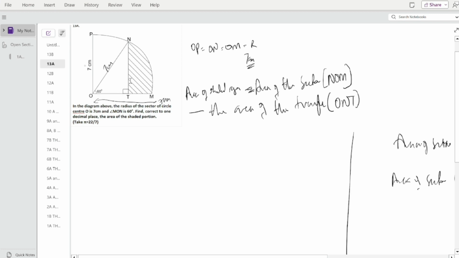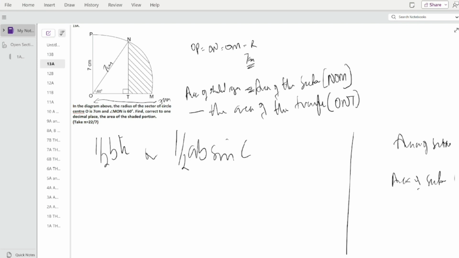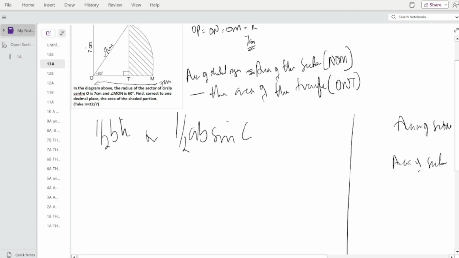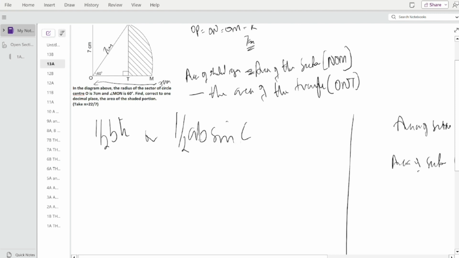Since it's a right angle triangle, we can do the usual half base times height, or we can use half AB sine C. I think using half AB sine C will be faster, and our A will be 7 centimeters and our B will be the base below. For you to use this formula, the angle you're going to use, your angle C, will be the angle that connects both line A and B.